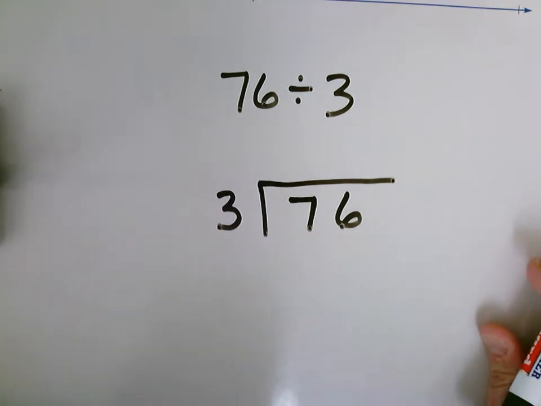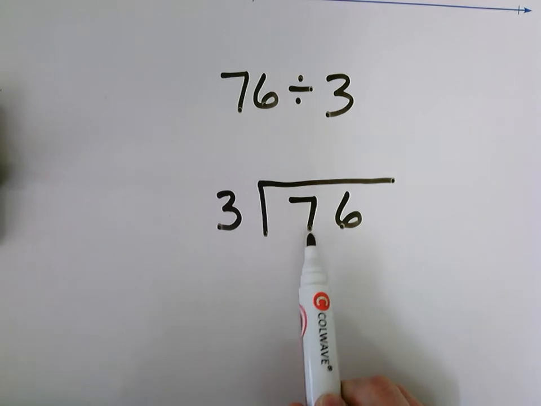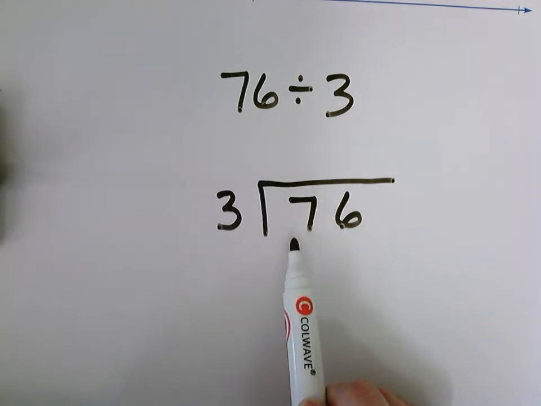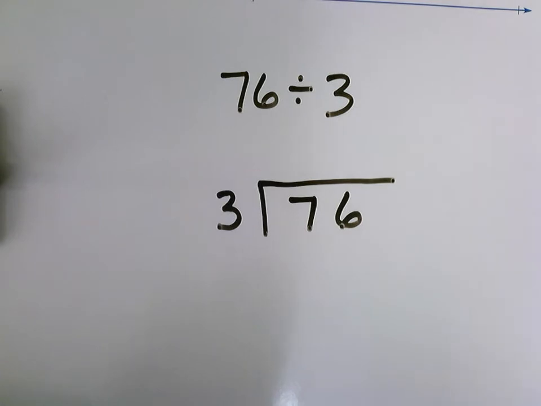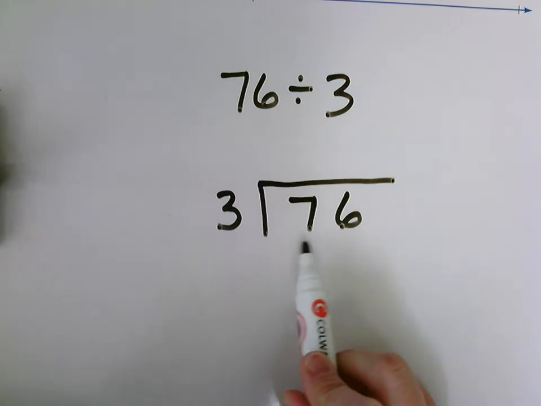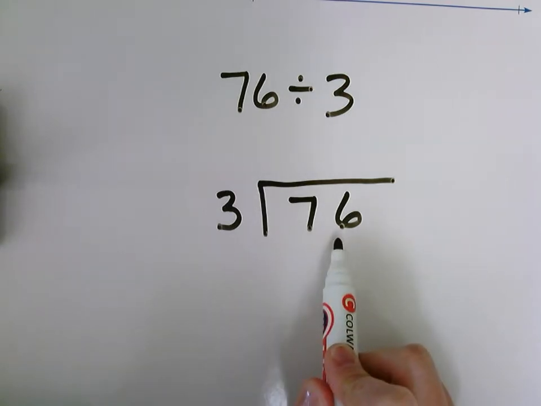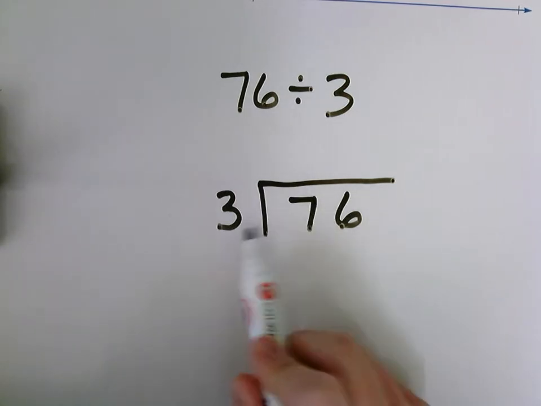So here's my strategy. I'm always going to start with my number of the greatest place value. All the other times we add, multiply, divide, and subtract, we usually start in the ones place, but here we're going to be starting in our greatest place value, which here is the tens. And I'm going to divide my tens by 3.